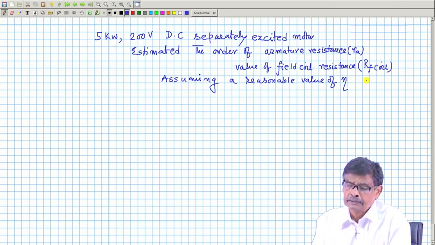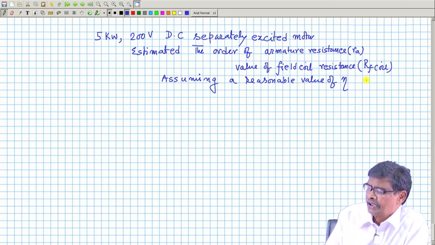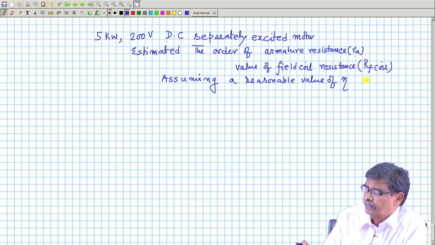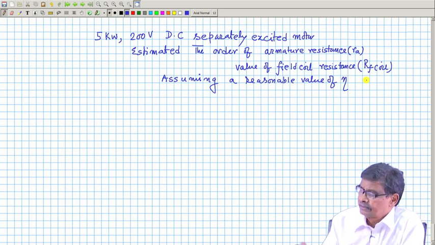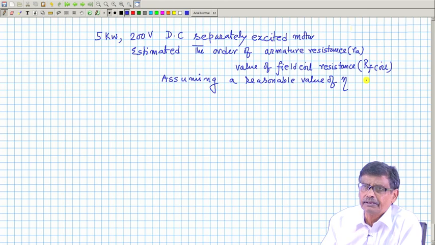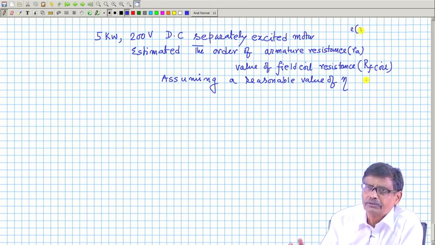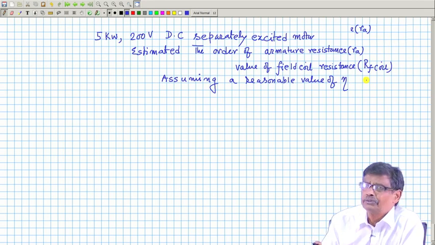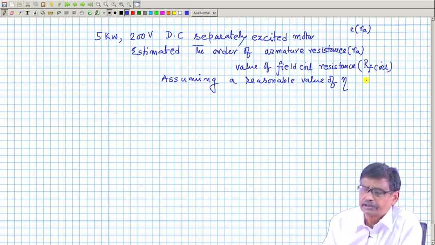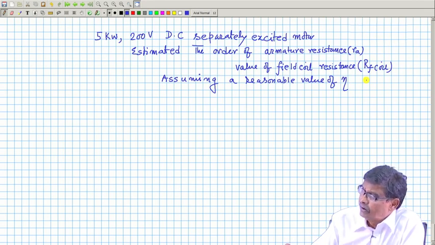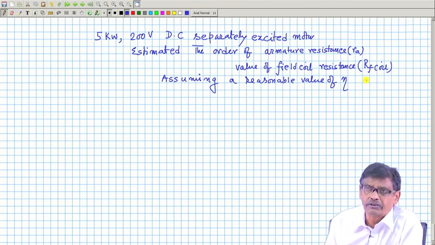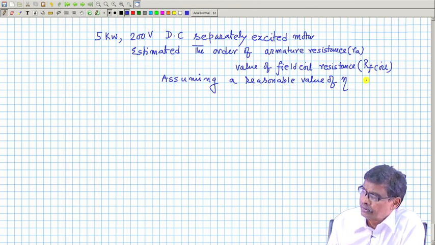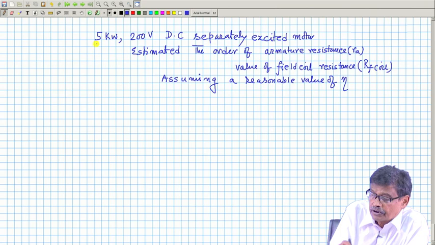So it gives me a fair idea of the order of the resistance. The order of the armature resistance, we are sure, is low. If it is a 5 kilowatt machine, it will be 0.5 ohm or thereabouts. Field coil resistance will be of the order of hundreds of ohms for a 5 kilowatt machine.